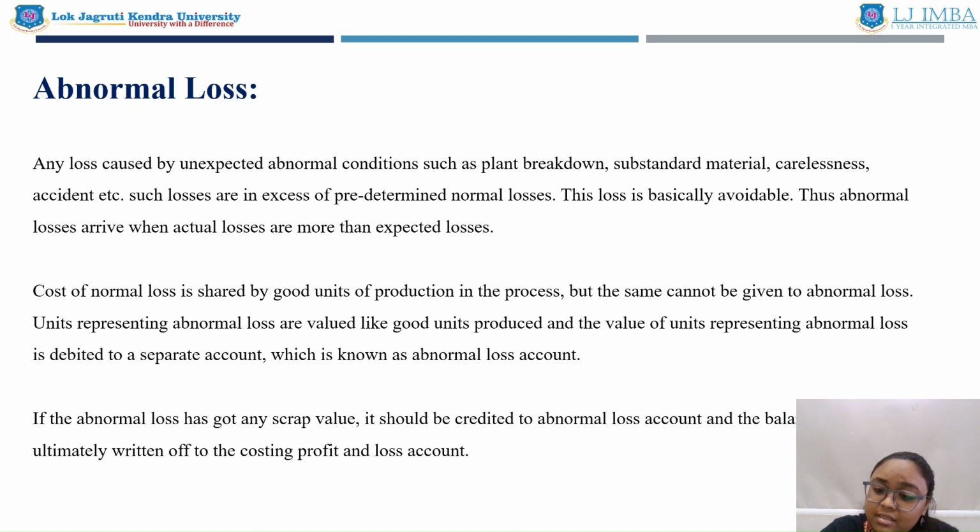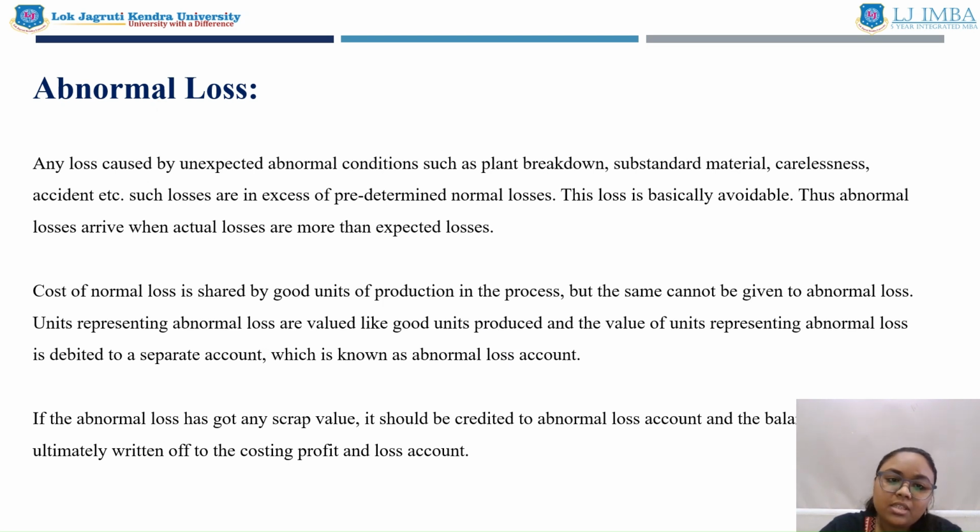The carelessness, the plant breakdown, the laborers are not well aware of the method of operating the plant, and they might make some error and it will lead to a plant breakdown. Because of carelessness there could be more wastage, and laborers not being aware of the process of operating the plant may cause industrial accidents, right?